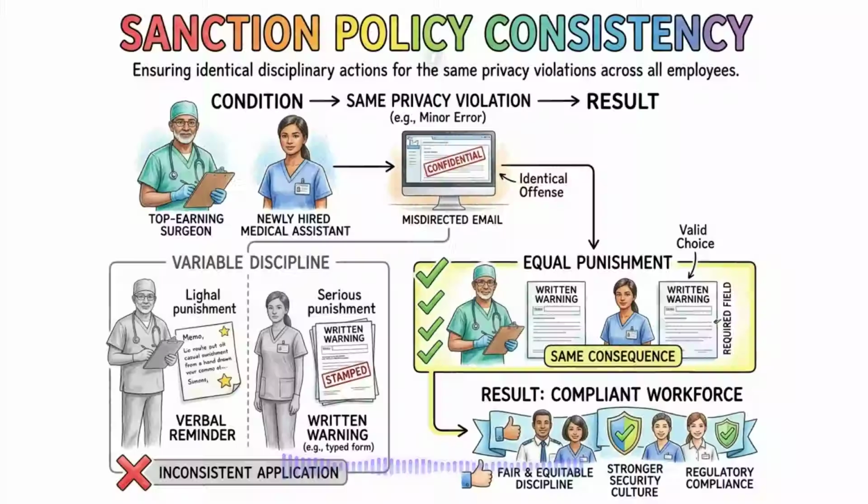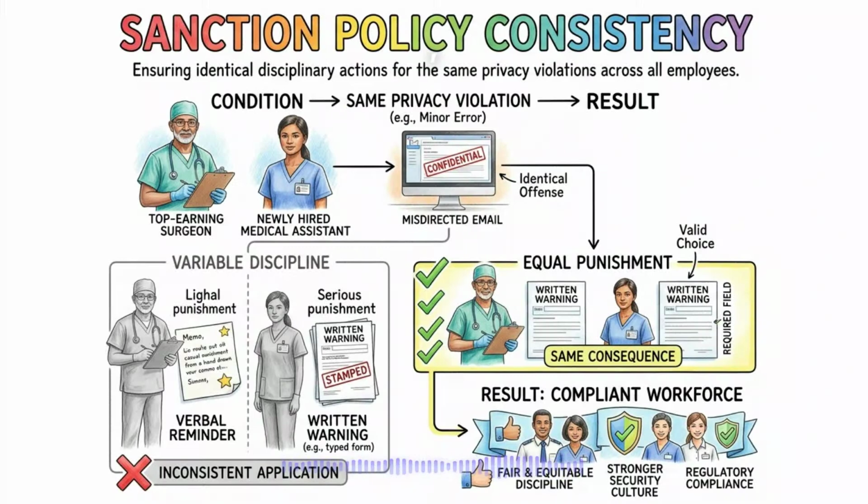A critical administrative requirement is the creation and enforcement of a strict sanction policy. A sanction policy outlines the specific disciplinary actions that will be taken against workforce members who violate privacy and security rules. These punishments can range from a simple verbal warning for a minor mistake to immediate termination for deliberately stealing patient data.